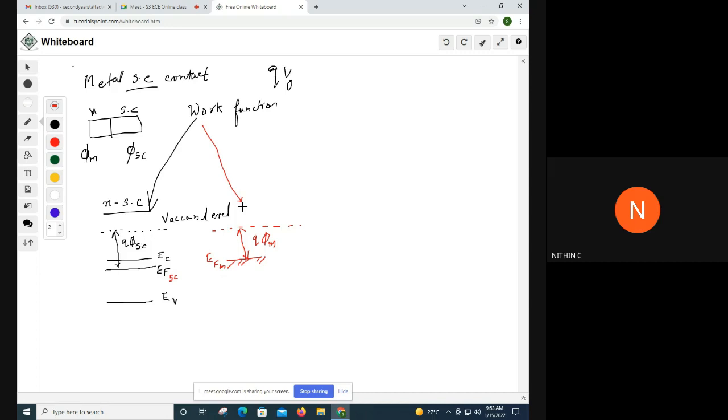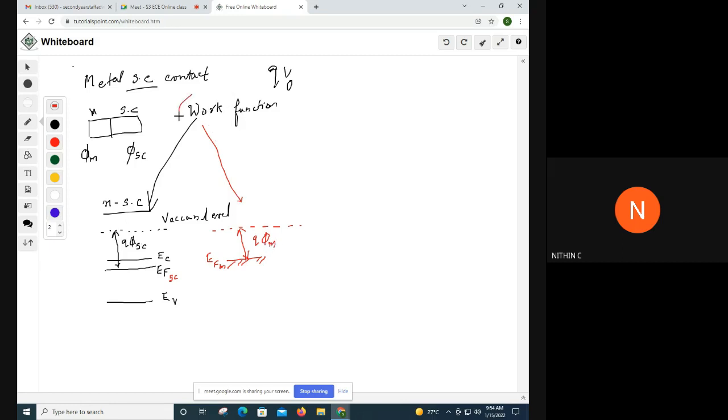The energy difference between the Fermi level and the vacuum level. That is how much energy is required for an electron to be free. Clear on work function?